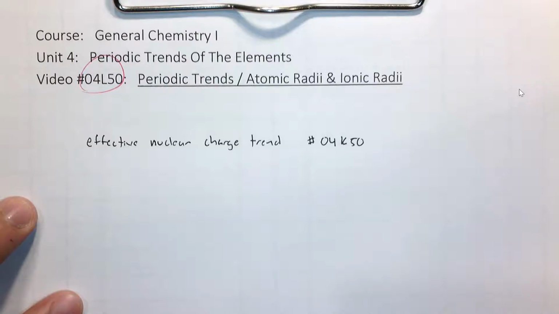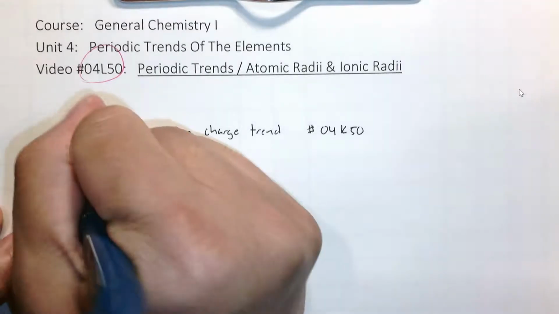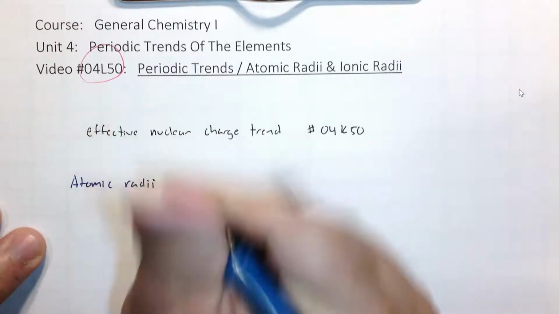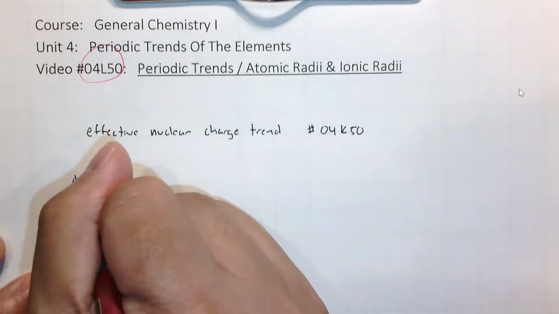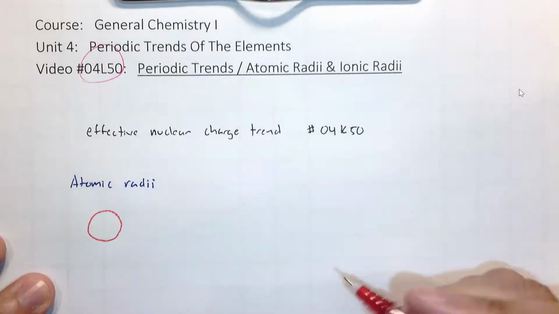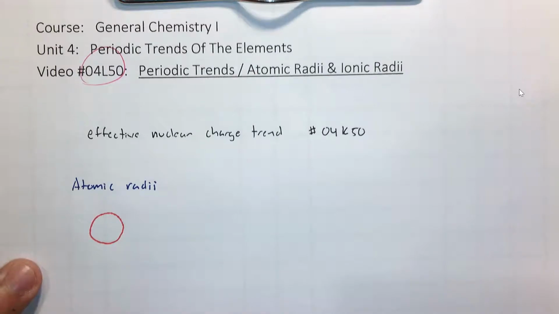For atomic radii, it's pretty simple, at least going down a group. Before I talk about that, when you talk about an atomic radii, basically you have an atom, and the electrons are found within this volume 90% of the time. We learned that with Schrodinger's wave equations and definitions of orbitals.